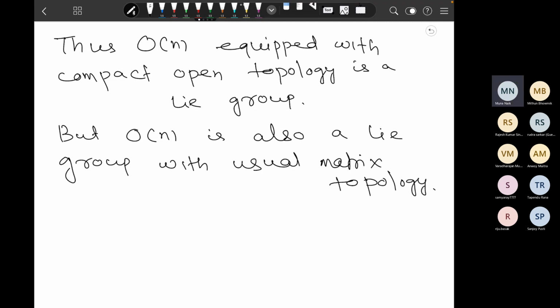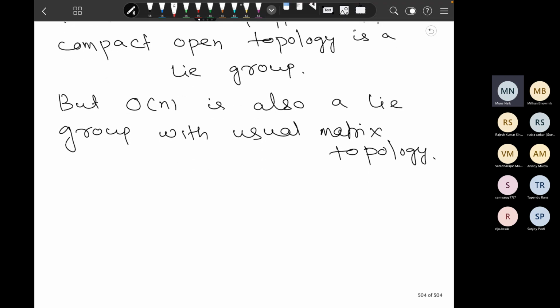So therefore, it is perfectly legitimate to ask whether the two topologies, that is the compact-open topology and the usual matrix topology, are the same or different.